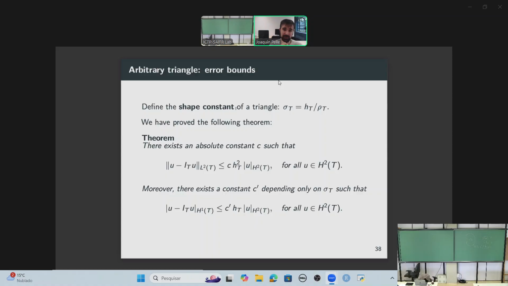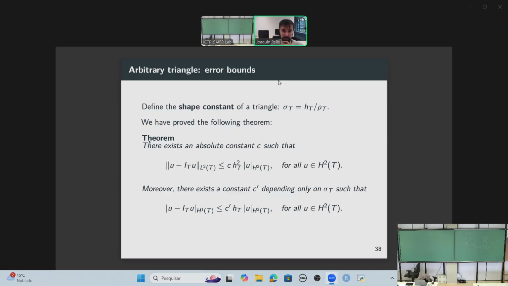If we define the shape constant as the quotient of the diameter of the triangle and the radius of the inscribed circle, this is the thing that we more or less want to bound, right? We don't want this to be too small, right? We don't want the triangle to be too thin. I mean, sorry, the other way around. We don't want this to be too big for the triangle to be too thin, sorry.